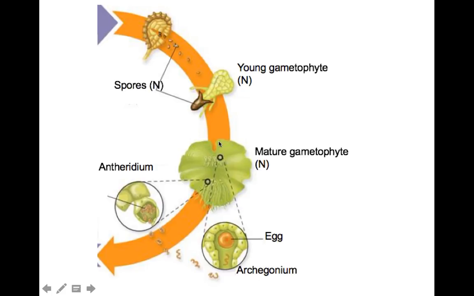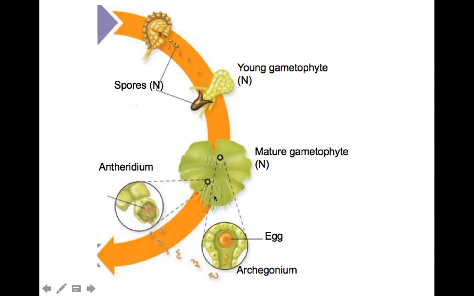But on the underside of them is where you'll find the reproductive organs. One area of the gametophyte has the archegonia, the female reproductive organs, and these archegonia have eggs inside them. Another area of the gametophyte has the male parts, which are the antheridia.